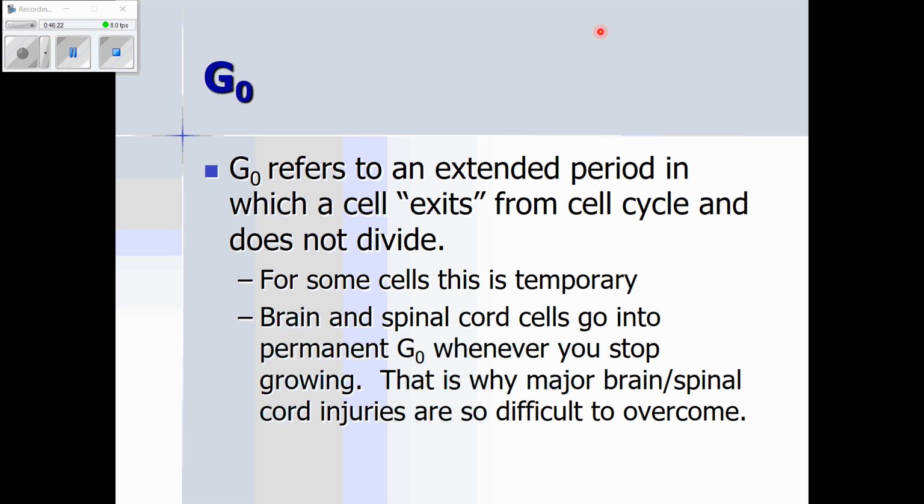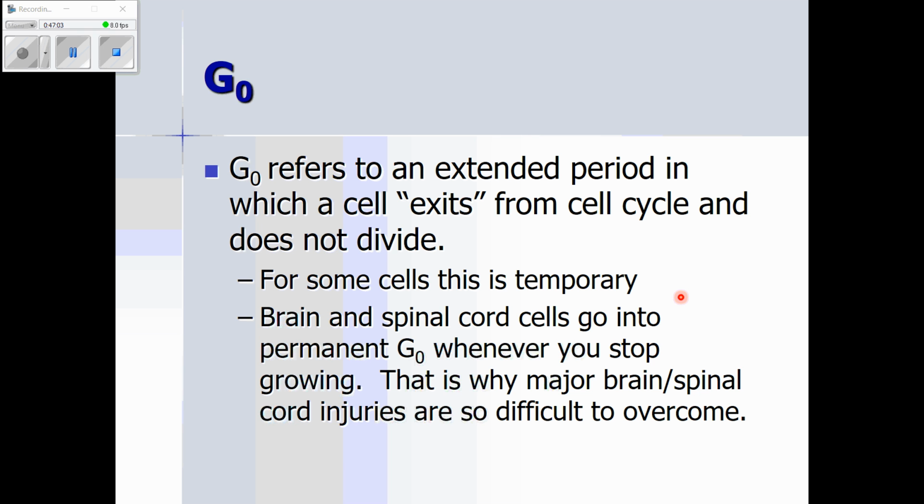For some cells, this is temporary, and the cell may, in the future, return to the normal cell cycle, normal division, depending on the needs of that particular type of cell. But in the case of brain and spinal cord cells, at least most brain and spinal cord cells, once you reach adulthood and your brain and spinal cord have reached their full adult size, most of those cells go into a permanent G0, which means you're no longer going to be able to make any additional brain or spinal cord cells.